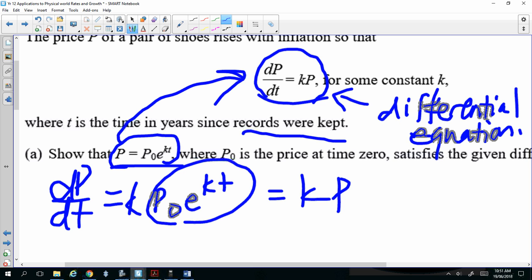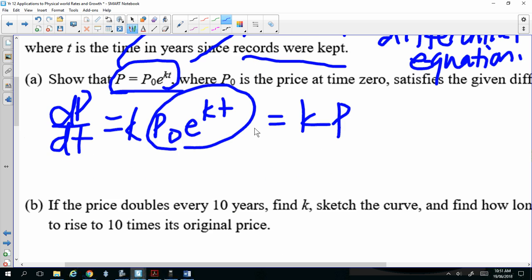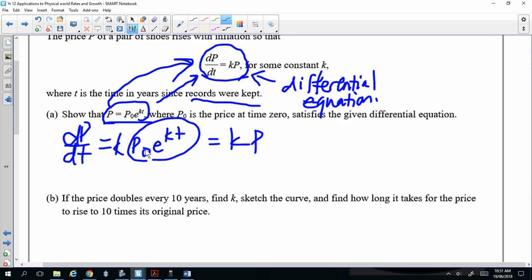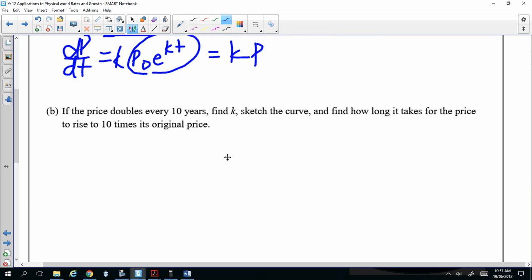If the price doubles every 10 years, find k, sketch the curve, find how long it takes for the price to rise to 10 times its original price. Okay, let's do this. So this part, they don't tell you what the initial amount is, it's just P0, isn't it? So what you do is this, you say price doubles every 10 years. So that means when t is 10, the price will be double the initial price, right?